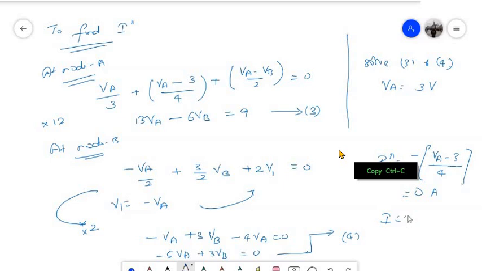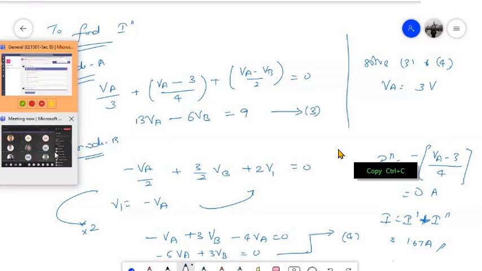So I is nothing but I dash plus I double dash, the algebraic sum of the effect that was produced by the two sources independently. So that will be 1.67 ampere ultimately. So this is our answer, and let me see if there are any questions.